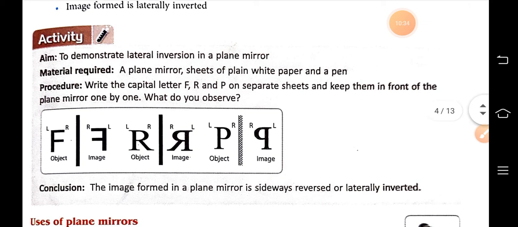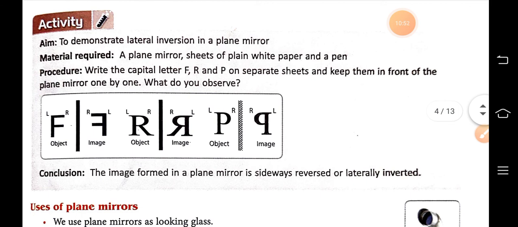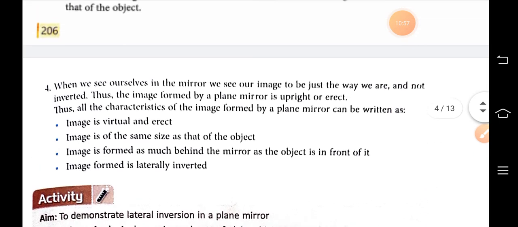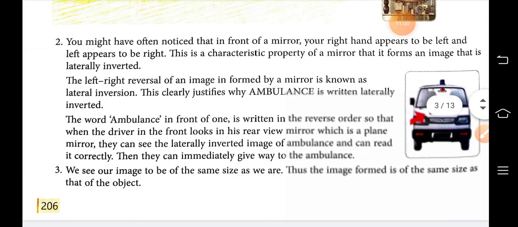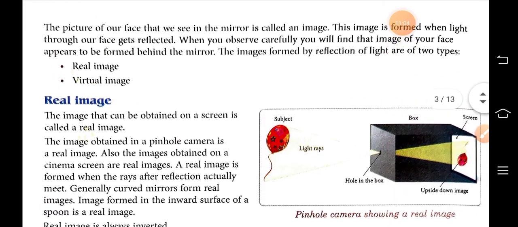See here the letters F, R, P. If they are written in the opposite, reverse way, then they can be read in the plane mirror. Or if we write them correctly, then they get inverted. They get reversed. So this is all about the characteristics of image formation by the plane mirror and real and virtual images.